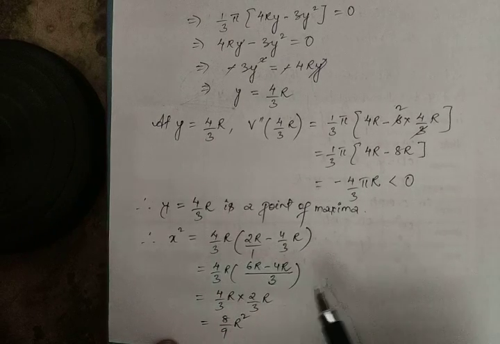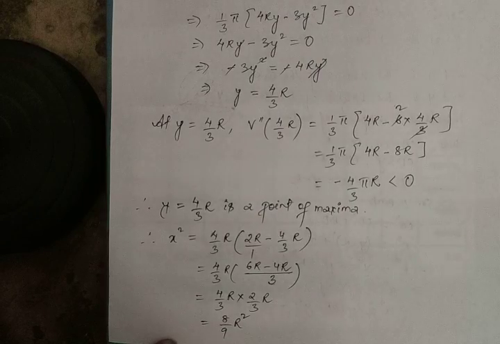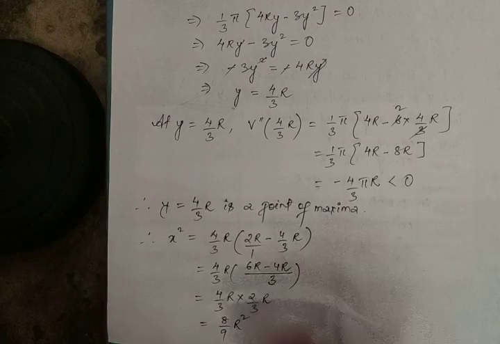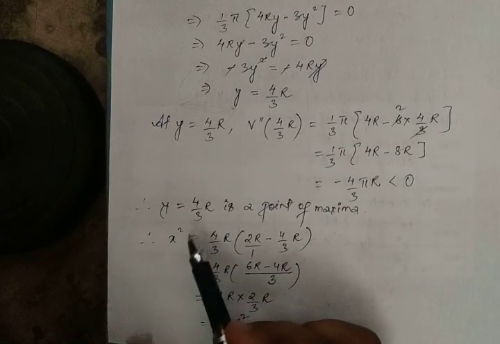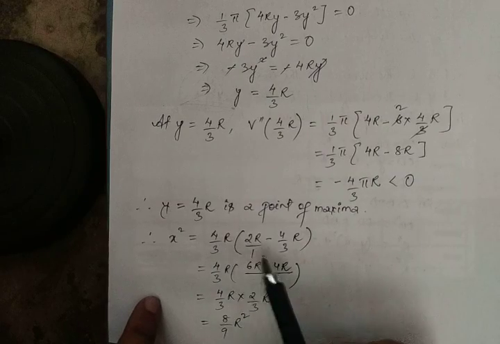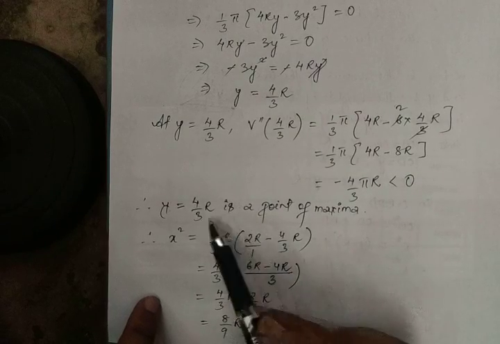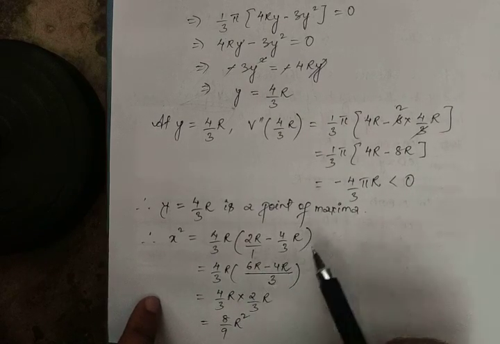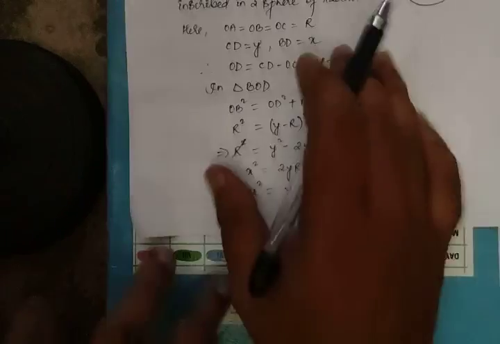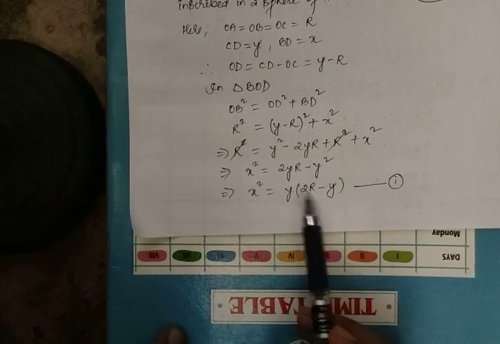Now we have to find the value of x. From equation 1, see, this is our equation 1, x square equal to y into 2r minus y.